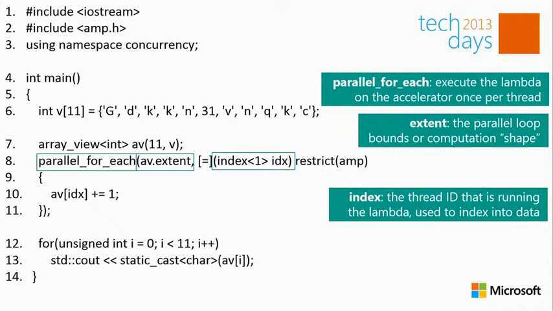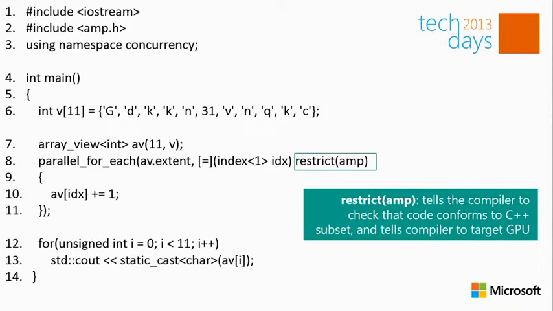It's going to iterate over the extent of av. It has a member extent that basically says I have all these 11 items, and execute that lambda. It takes a parameter idx, and now you can use that idx inside the lambda. And I added restrict(amp). That's where all the magic happens, this restrict(amp).